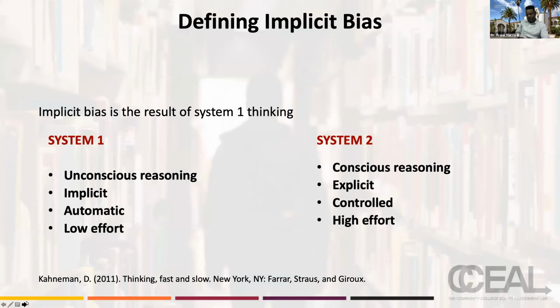Now, in contrast, system two thinking is characterized by reasoning that is very conscious and very explicit, in that we're very aware of what we're thinking and the actions that motivate what we're thinking. And the metaphor that I often find helpful in comparing system one and system two thinking is the metaphor of driving a stick shift car.